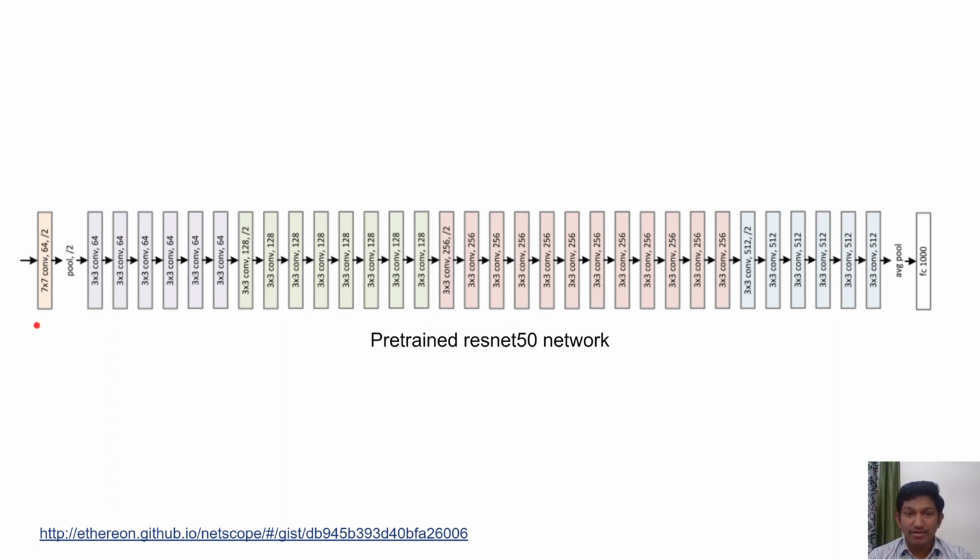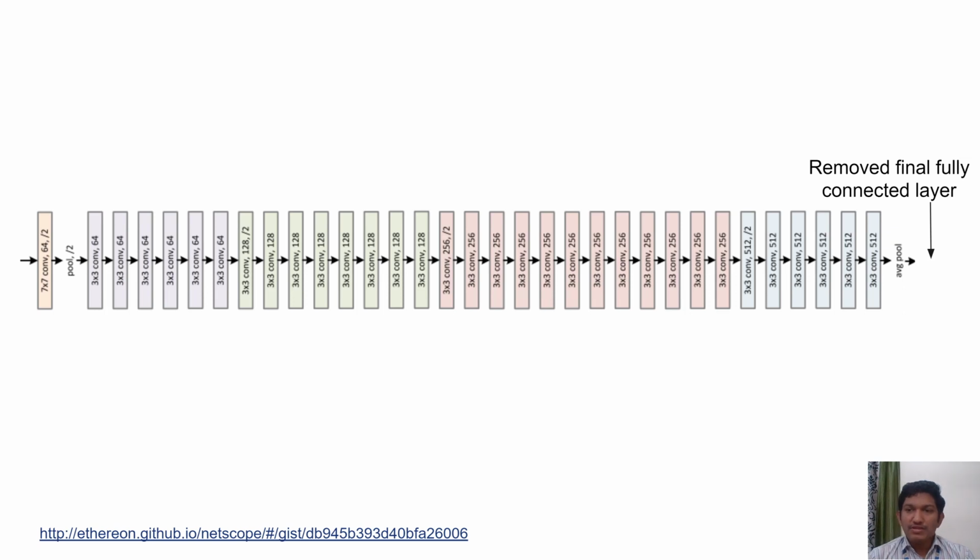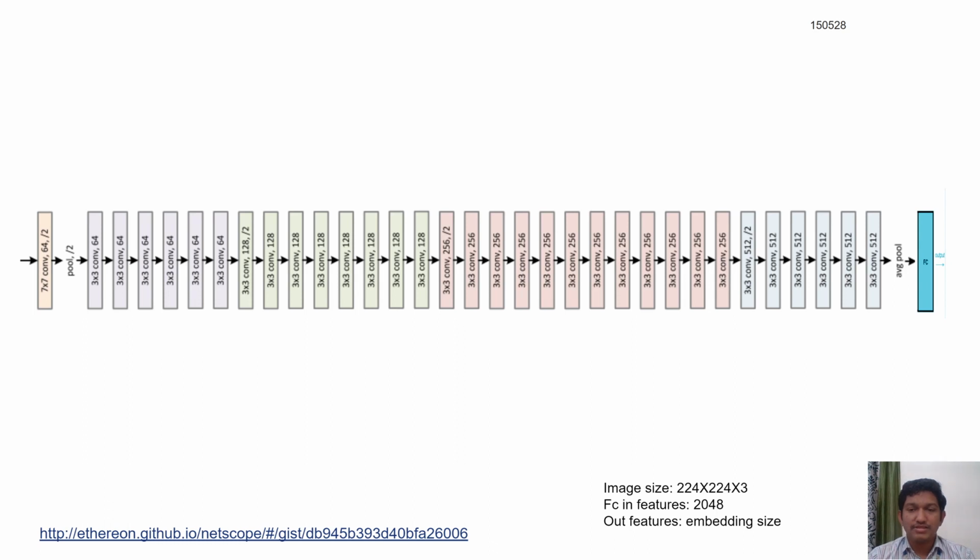As they have better accuracy, they will have better feature extraction. So we use the transfer learning technique to modify this pre-trained ResNet 50 network. We removed the last layer, which gives an output of a 1000 element tensor. I mean, the size of the output is 1000.